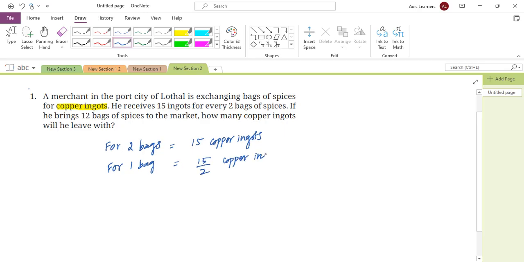Look here, 15 by 2 is a mixed fraction. Now we will find if he brings 12 bags of spices. 12 bags means 12 into 1, right? For 12 bags, how much? 12 into 15 divided by 2 copper ingots.